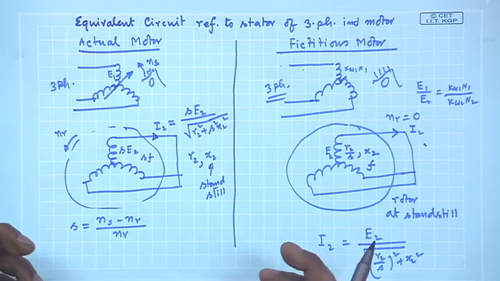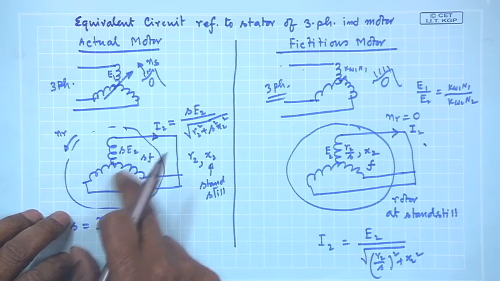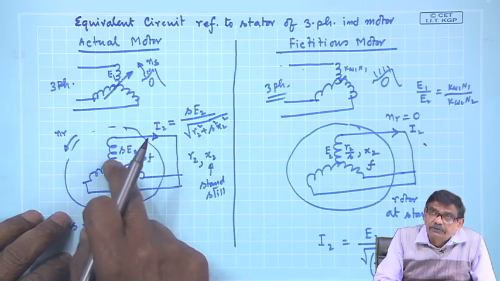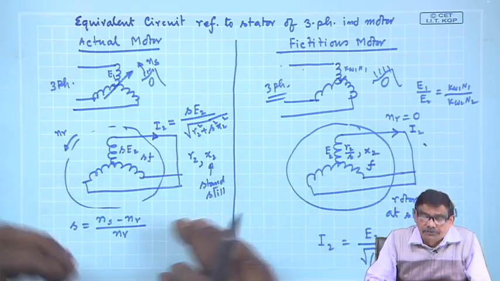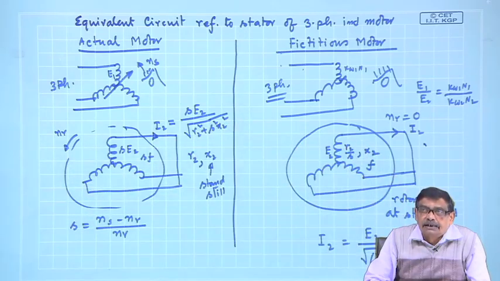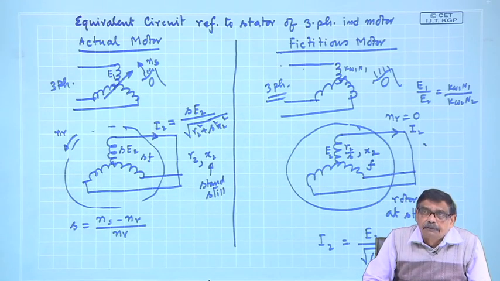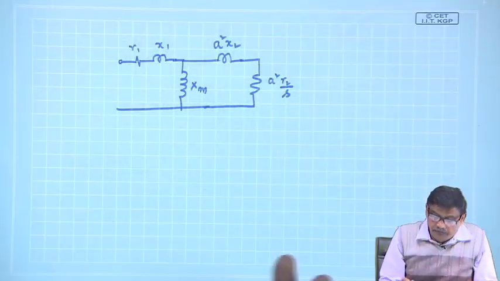Why this discrepancy? Because for this machine I2 square R2 is the rotor copper loss, but there is also mechanical power. These two together must be your I2 square R2 by S. That is what I want to tell. Anyway, think about it. Once this is done, then I am comfortable.